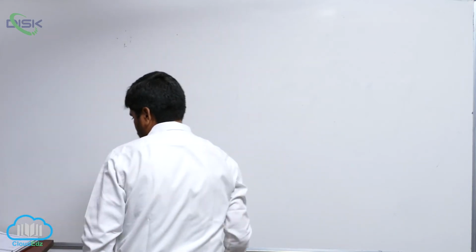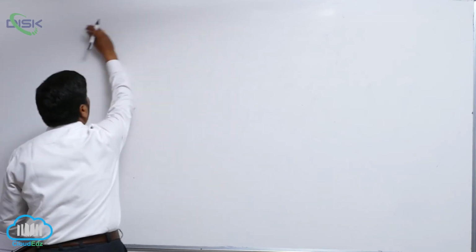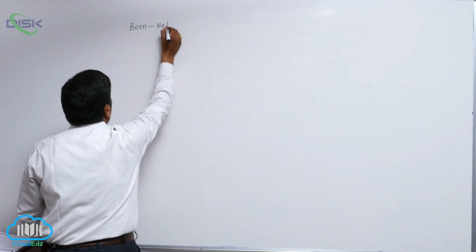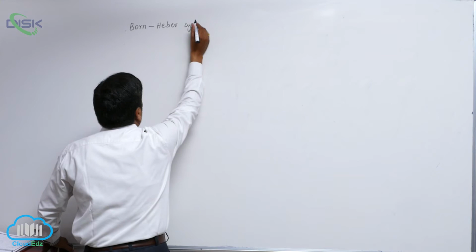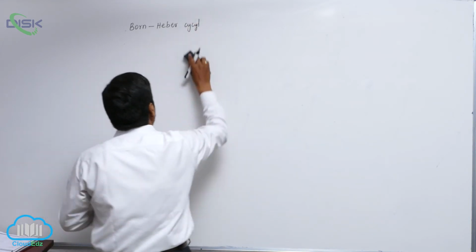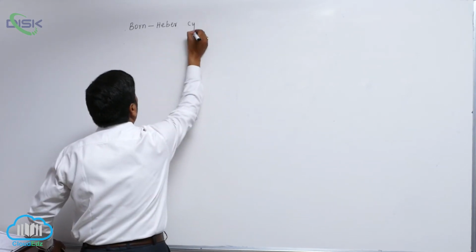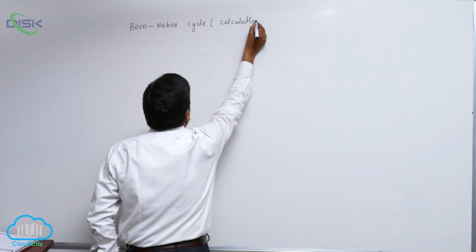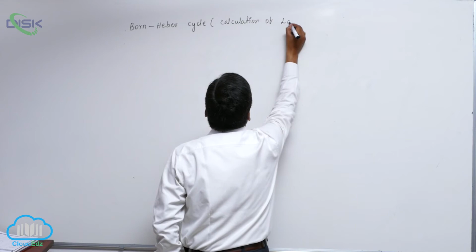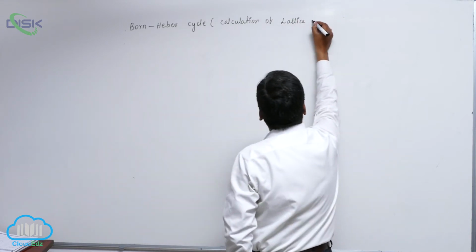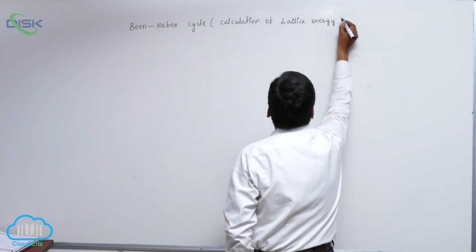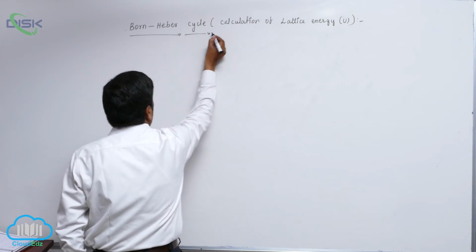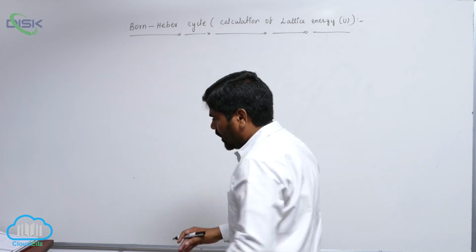The next topic is the Born-Haber cycle, for calculation of lattice energy, represented by U. So by using the Born-Haber cycle, lattice energy is calculated.